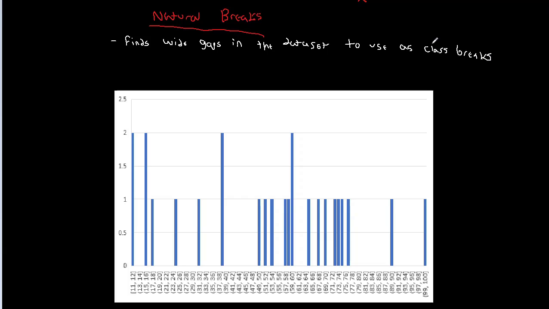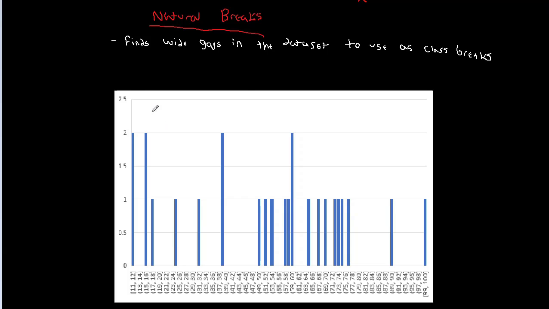Now, the algorithmic computational part of this is a lot more complicated than I think is relevant here. But we can get an idea conceptually of what natural breaks tries to do by looking at a histogram and looking for places where we see gaps between observations.